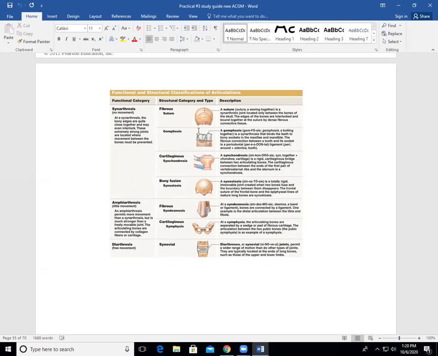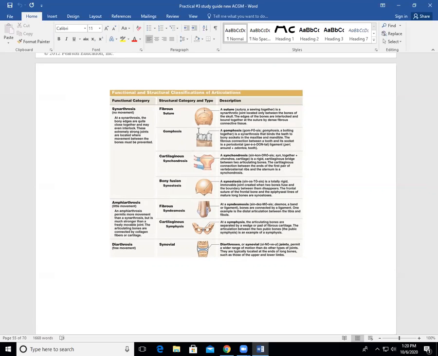Sutures are in your skull, like the frontal suture and coronal suture, and gomphosis holds your teeth in place in your jaw. Cartilaginous joints include the synchondrosis between your ribs and your sternum. You have a synostosis, like the metopic suture in the frontal bone.